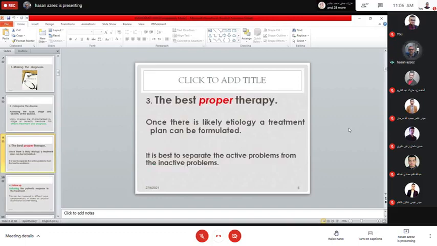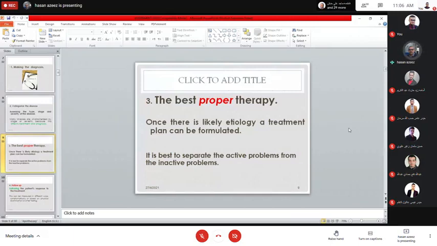The third step is best proper therapy. Once there is a likely etiology, a treatment plan can be formulated. I know, honestly, that any doctor gives the best proper therapy according to his diagnosis. Maybe it is wrong, but he will give the best proper therapy.